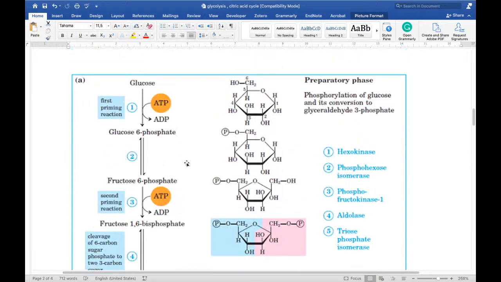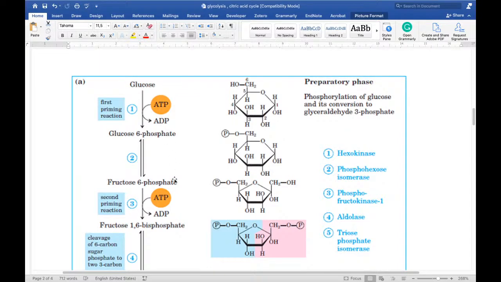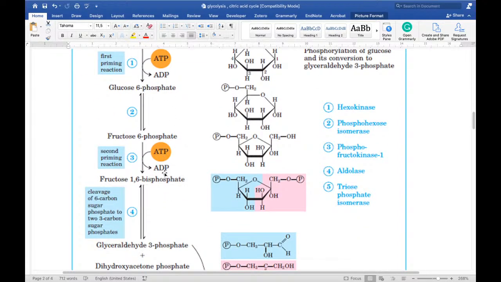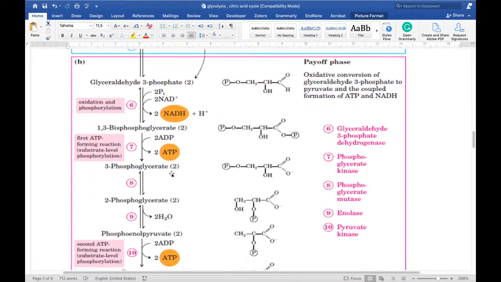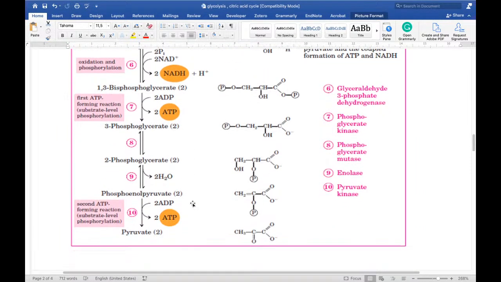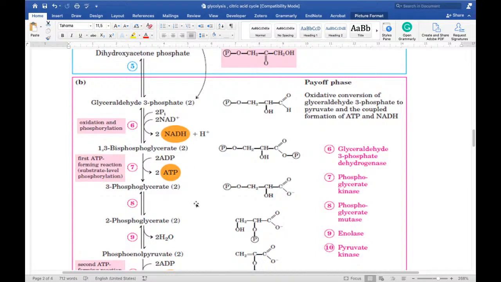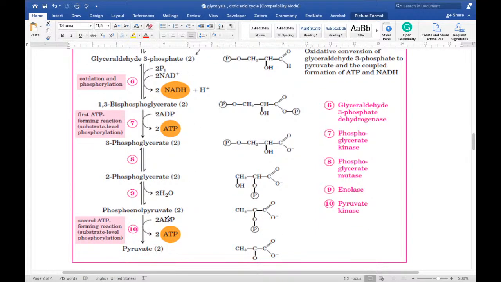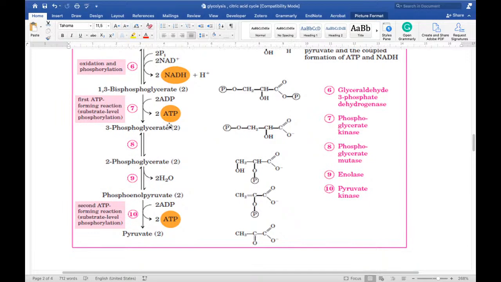So we have to see that the first two molecules of ATP are used, giving rise to 2 ADP molecules. And then at the end 2 ADP molecules here, 2 ADP molecules here, like 4 ADP molecules are being used here, and then 4 ATP is being produced.